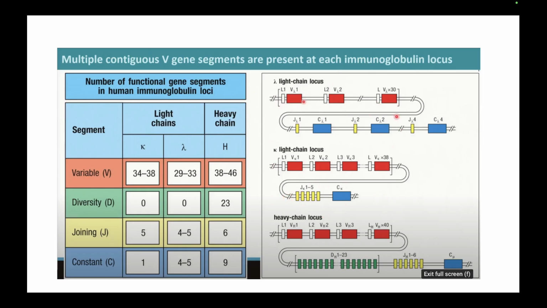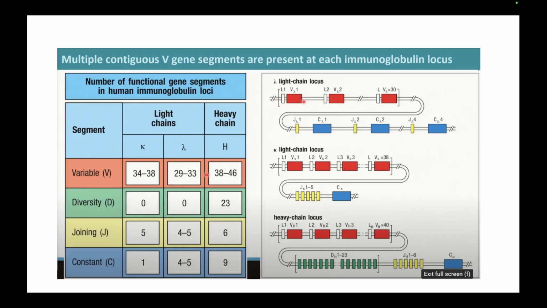So several recombinations can happen. If the light chain is of the kappa type, or whichever type, it will first undergo VJ recombination, and then it binds to the constant kappa chain, and the constant regions also differ in different types.